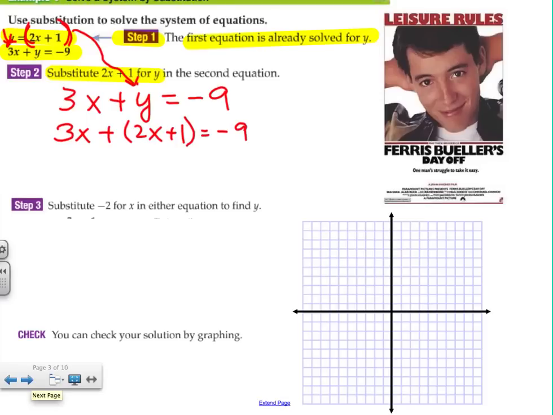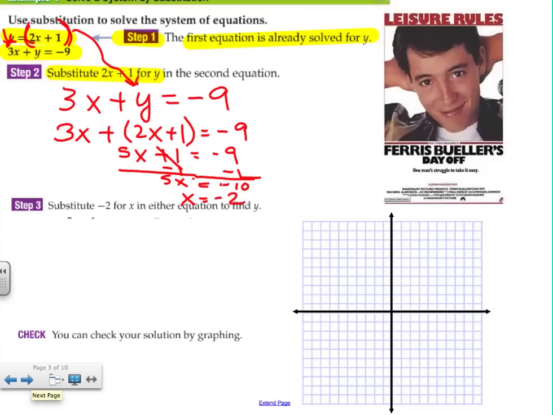So 3x plus 2x is 5x plus 1 equals negative 9, minus 1 on both sides. 5x equals negative 10. And we find out that x equals negative 2.